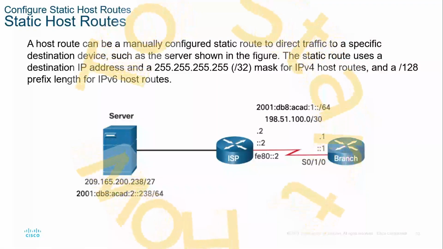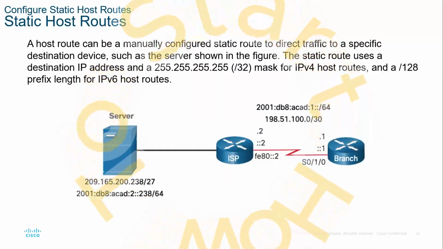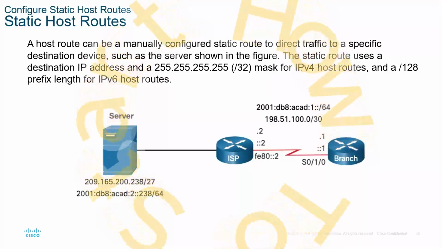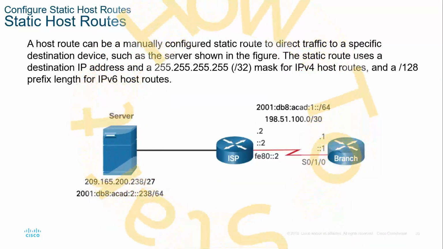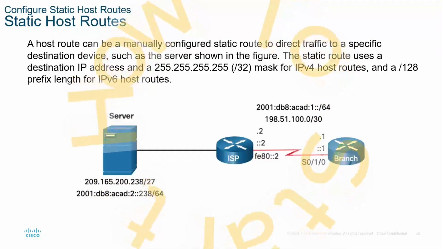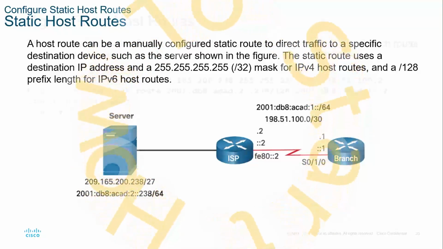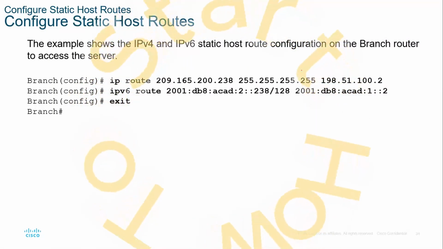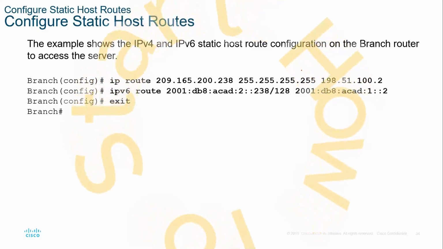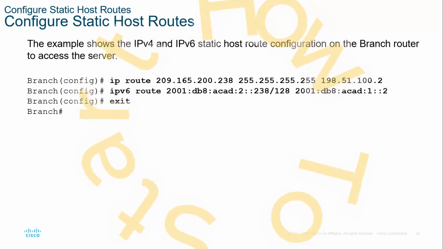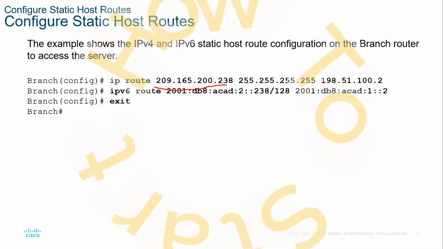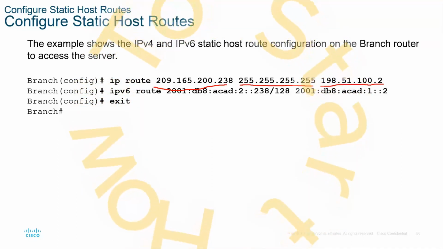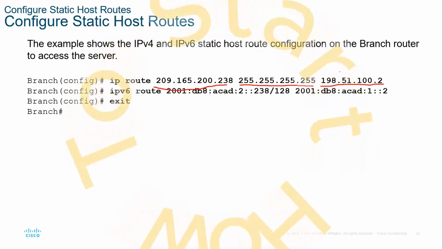Static host routes allow us to map specific addresses with a /32 if it's IPv4, /128 if it's IPv6. So here is an example of a static host route. If we want to get to this address, we would list the address and we would do a /32. We can send it to the next hop or the exit interface.